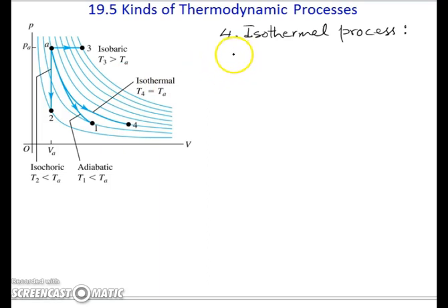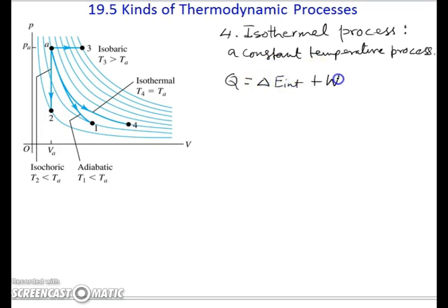So it is a constant temperature process, right? Okay. So any heat flow into or out of the system must occur slowly so that thermal equilibrium is maintained, right? So here also Q will be equal to delta E internal plus work done.